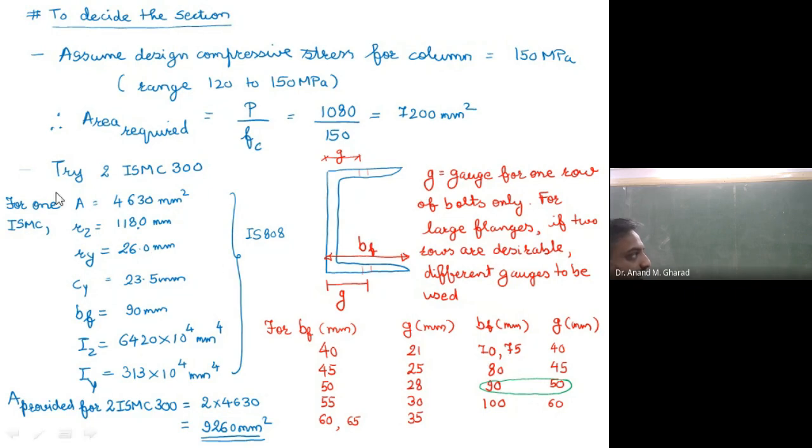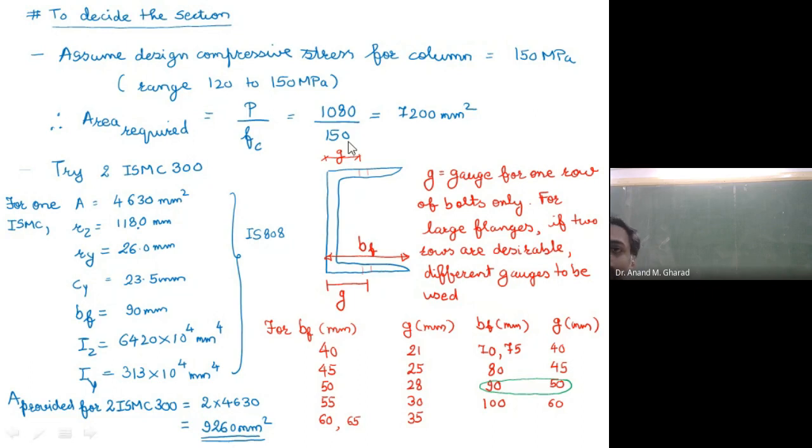So this is the trial section which we have assumed. We have considered two ISMC 300, and for that double ISMC, the area provided comes out to be 9260 mm square.